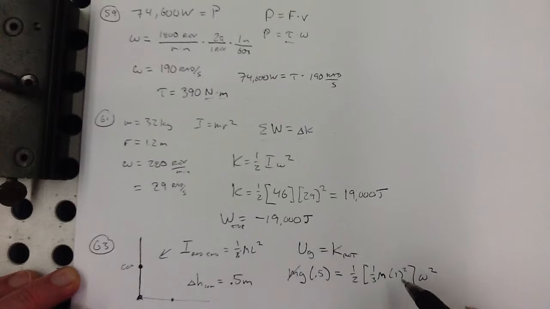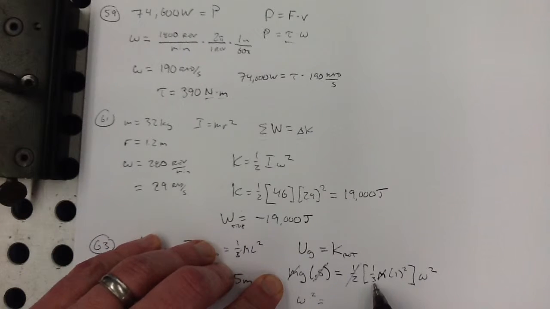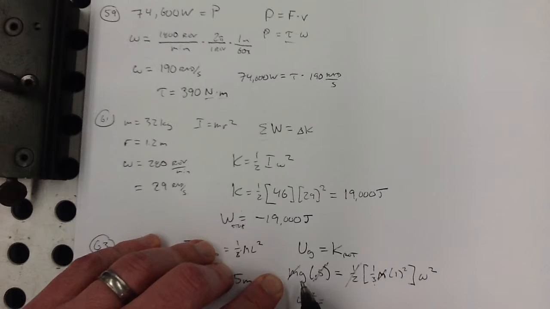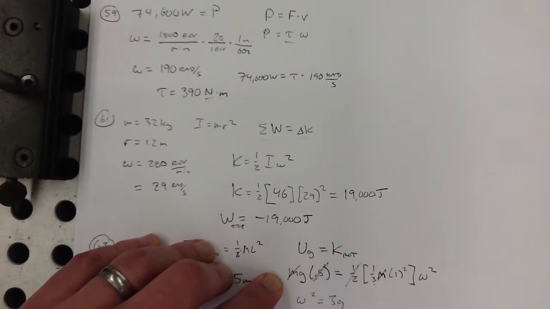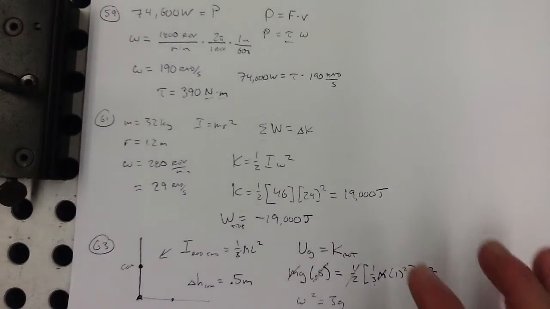The m's cancel out. These 1/2s cancel out if you want. So it looks like omega squared is equal to, let's see, I'd have to move the 3 over, 3g. Is that it? That's all that's left there, right? So omega is equal to the square root of 3g.